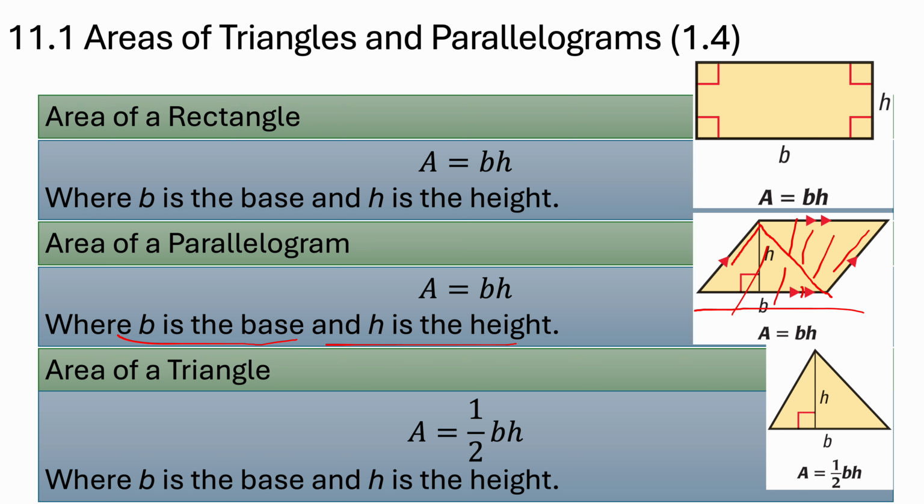If you add half base into height plus half base into height, it becomes base into height. So that's how the area of a triangle gives you the area of a parallelogram, base into height. So these are the three basic formulas for area.